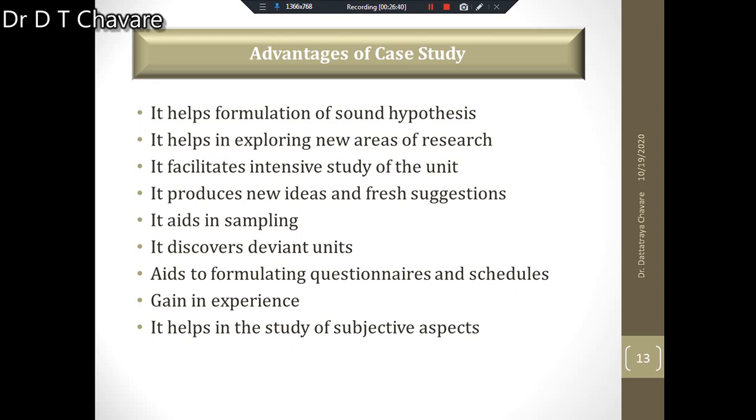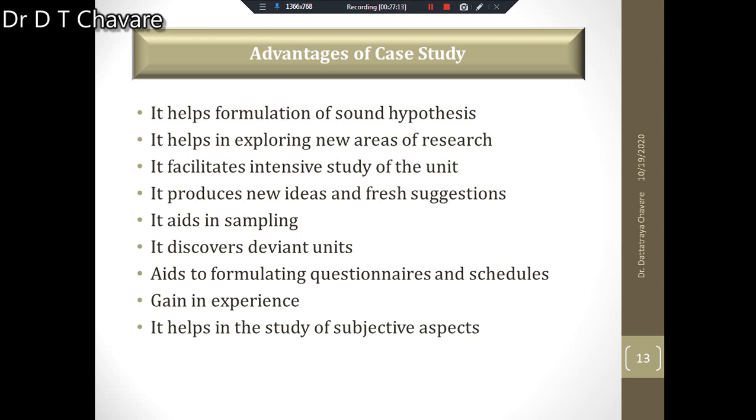Then the next advantage we have to understand, it produces new ideas and fresh suggestions. Case study method enables the in-depth study of the social unit, that is person, firm or community, with an open mind, and it comes out with a huge wealth of new ideas and new suggestions for further exploration of the research field. In this way, this is the fourth advantage of the case study method.